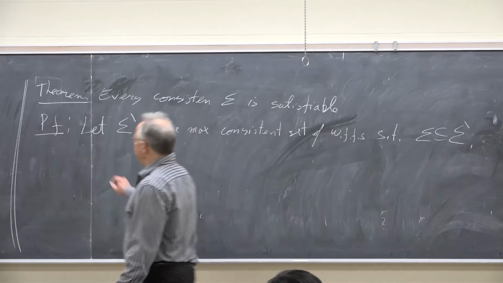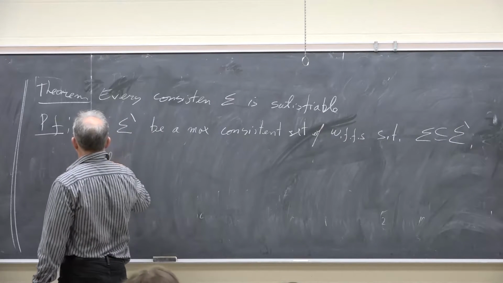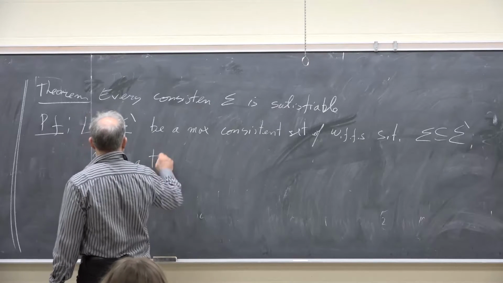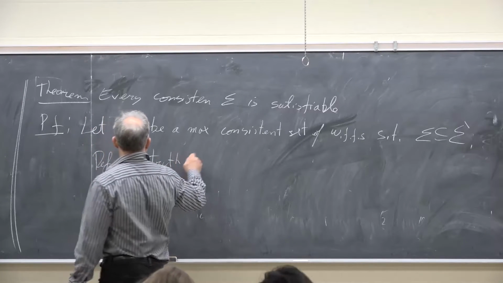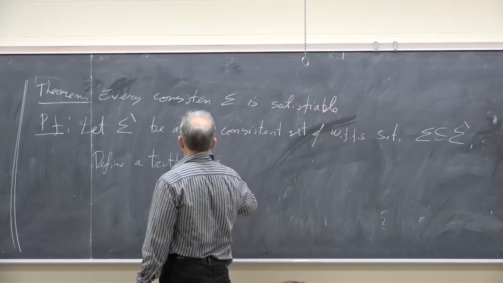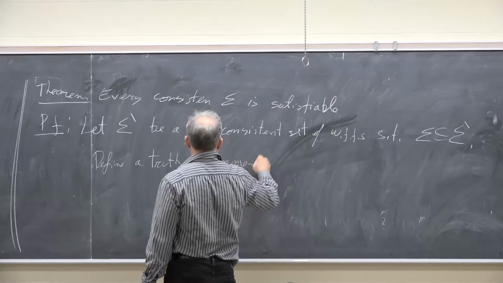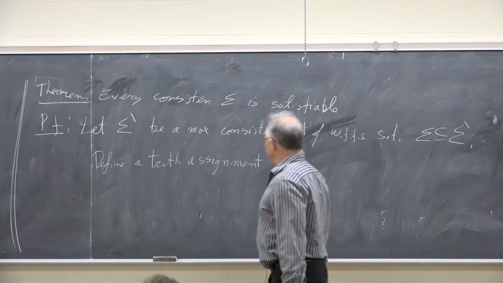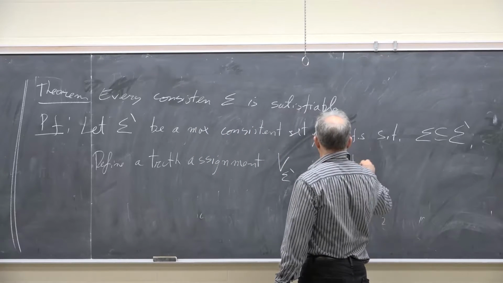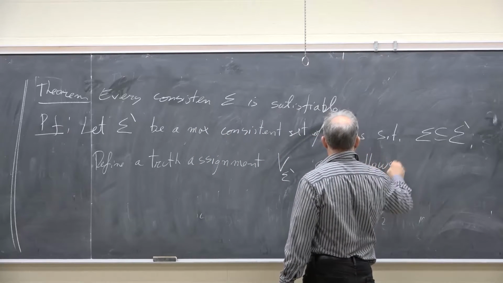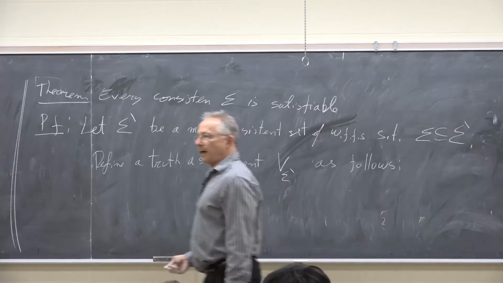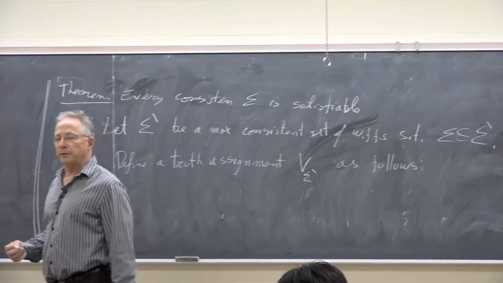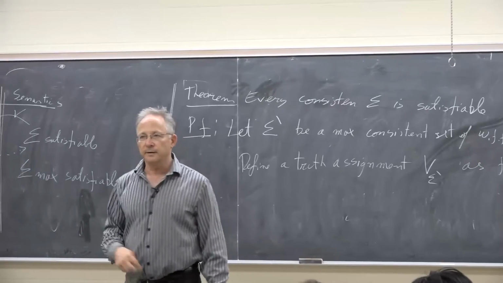So define a truth assignment V of sigma prime as follows. For every pi, I have to tell you whether it is going to get value true or false.